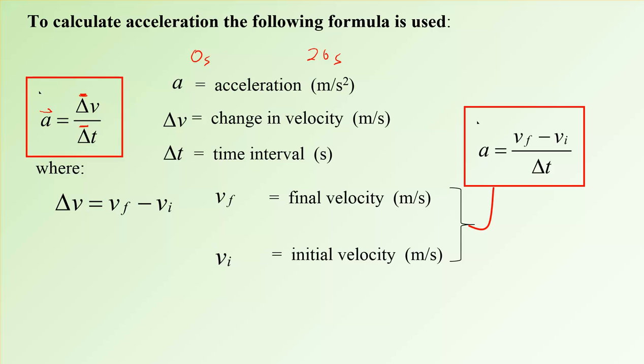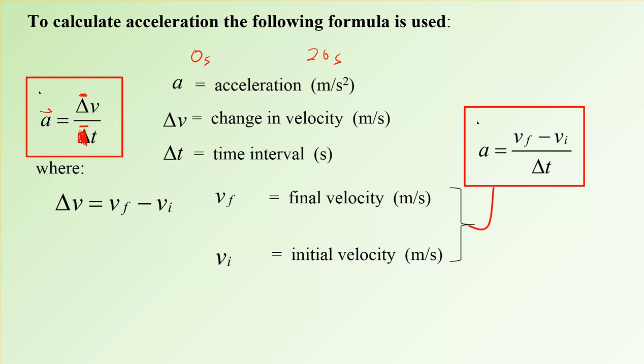Since we're starting at 0 seconds, we can forget about the little change in, because it's really like saying 20 minus 0. So for grade 10, we can pretend that little triangle isn't even there and it's just over t. Okay, so here is our formula.